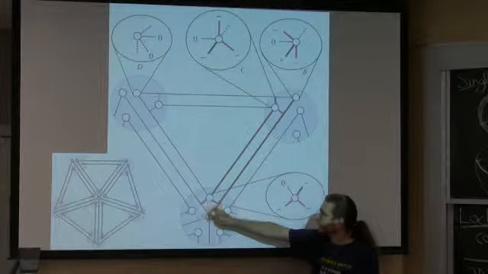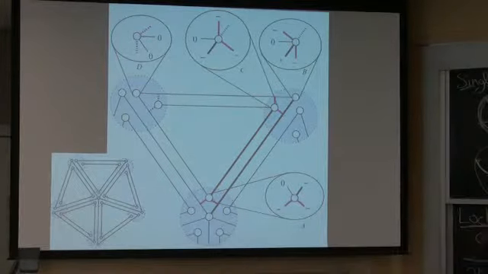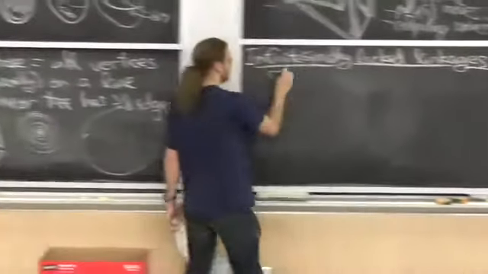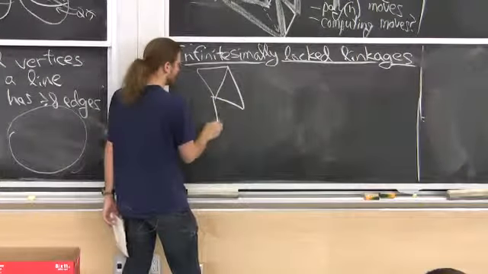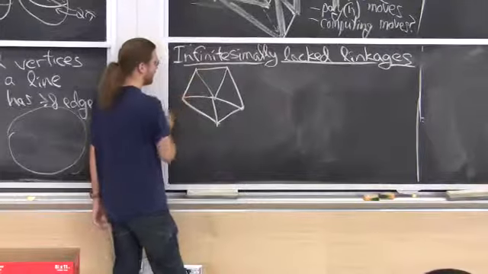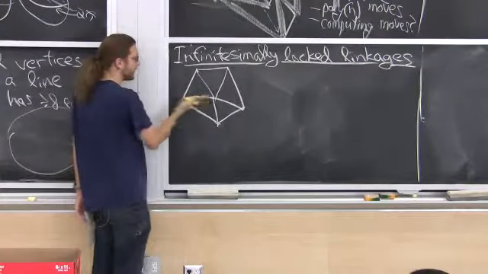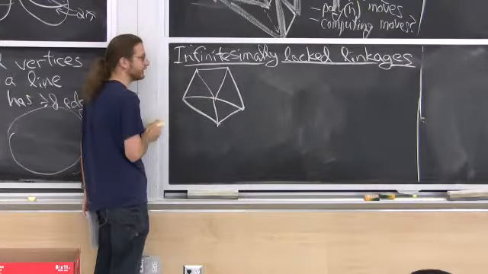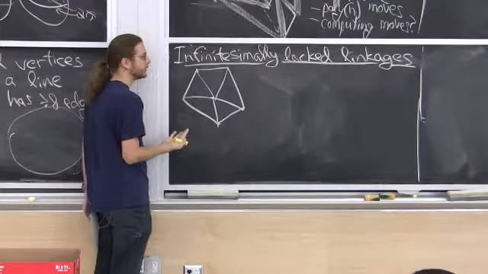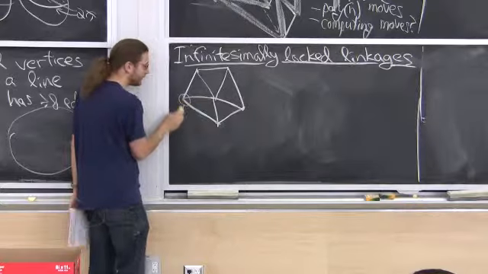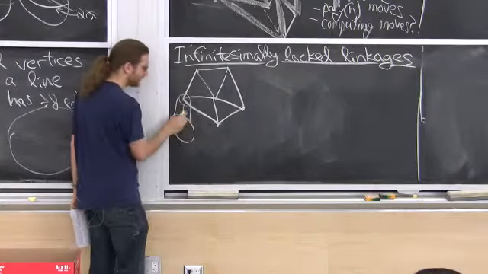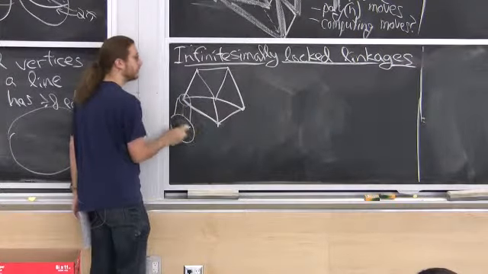But geometrically, the picture is going to look like that. If you look from afar, you won't be able to tell that there's 3 edges along here because they're right on top of each other. But if you sort of imagine zooming in infinitesimally in each of these vertices, it's going to be whatever the heck it is.